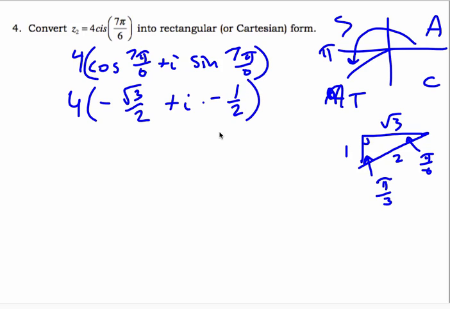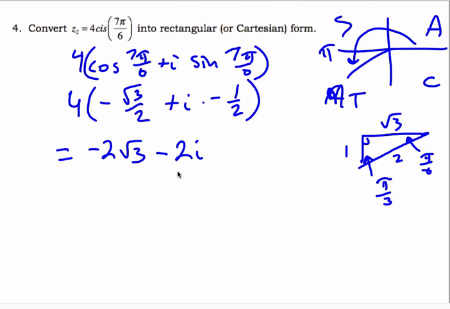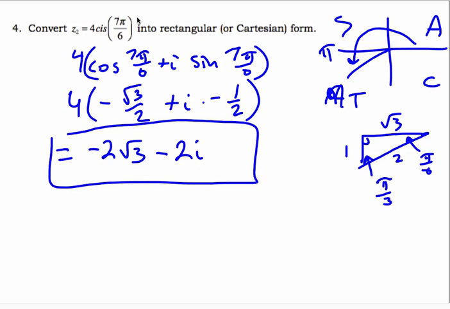Okay, so let's go ahead and simplify this. 4 times this will give me negative 2 root 3, and 4 times this will give me minus 2i, which is the original one we had, so you can see you get the same thing. Okay, so that's changing from modulus argument form to Cartesian form.